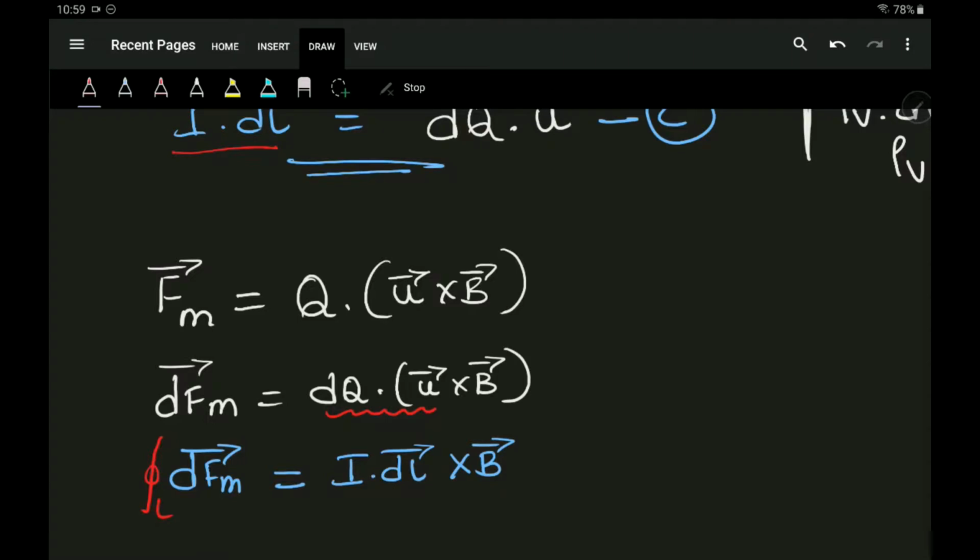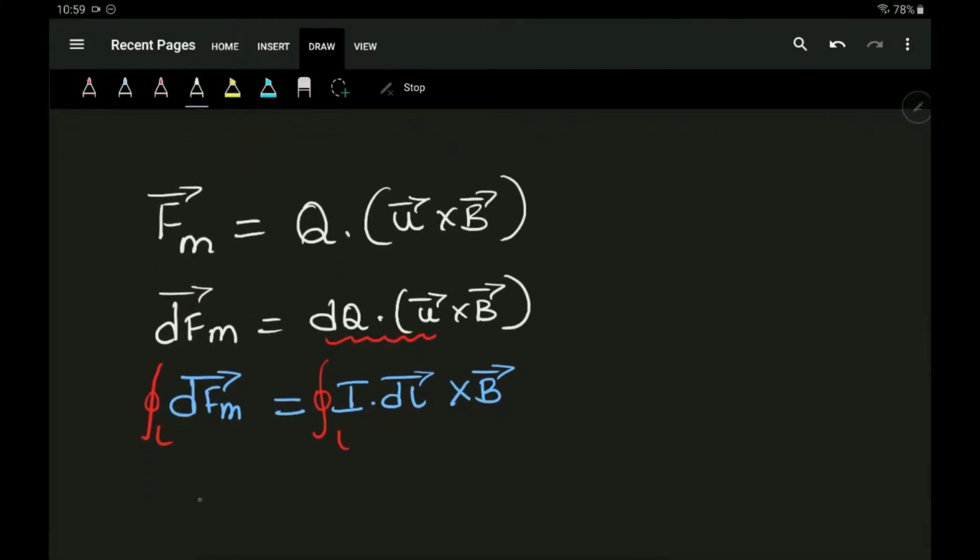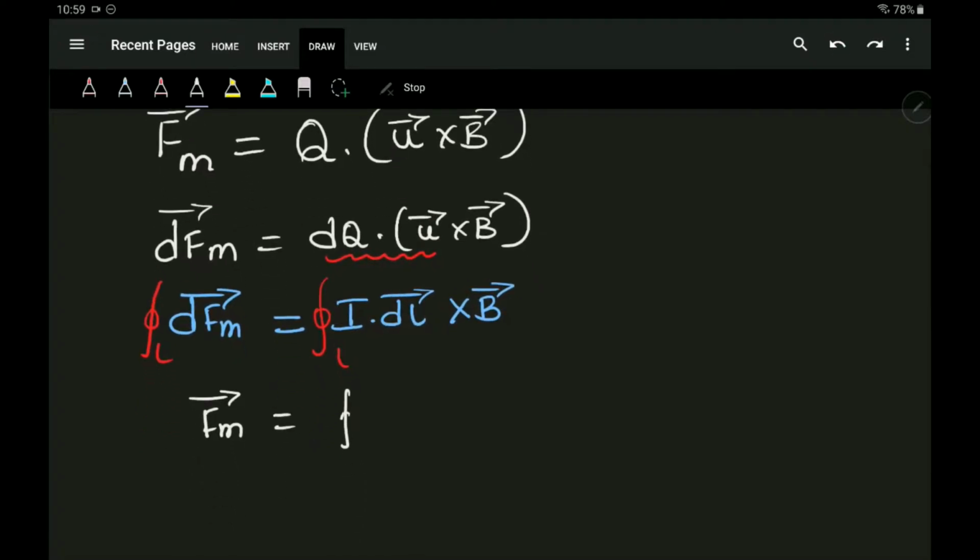So the magnetic force on that conductor is Fm equals the closed line integral of I dl cross B. This is the force experienced by my current element.